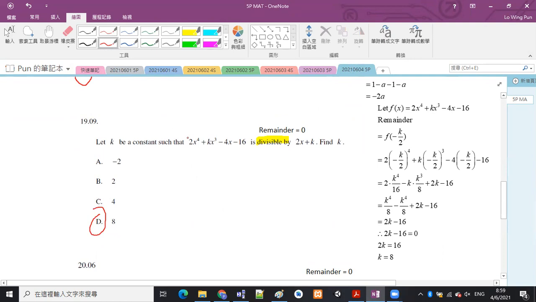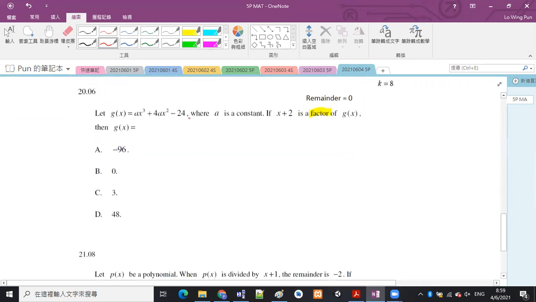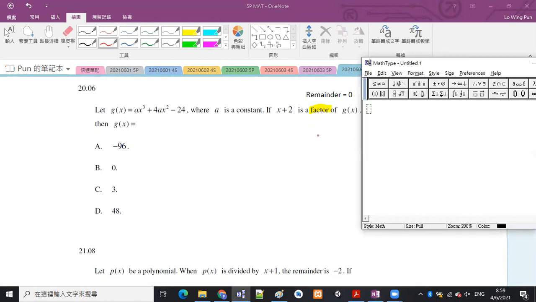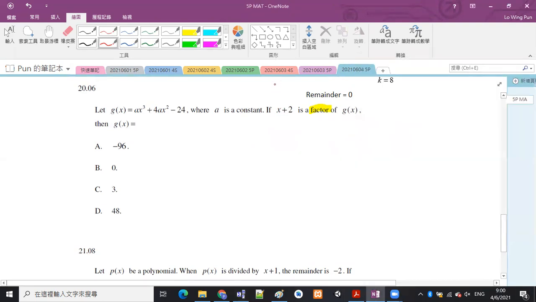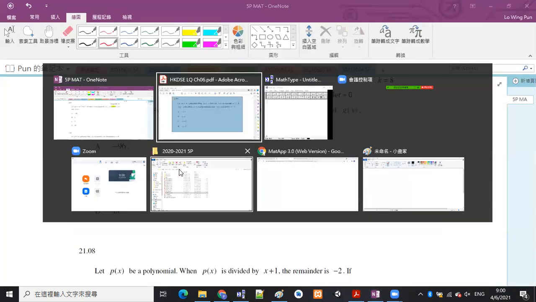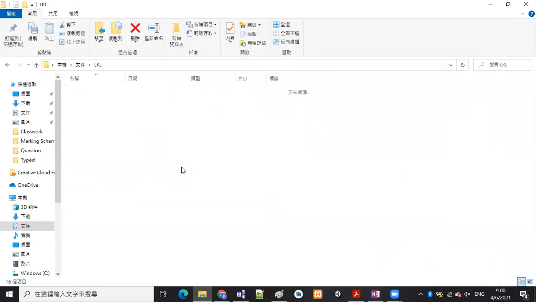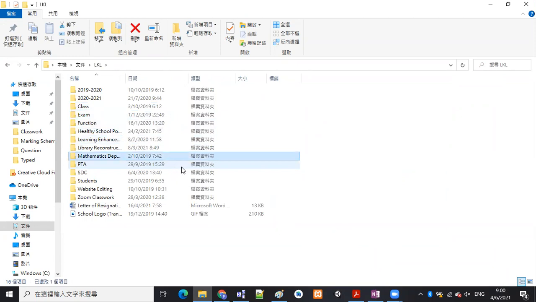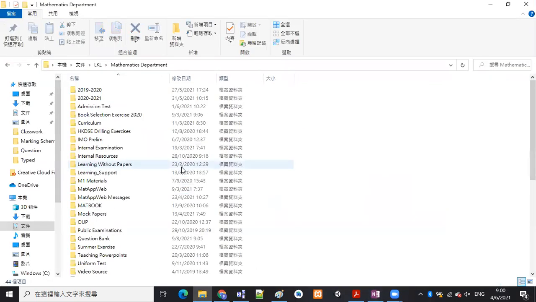Get this? Okay, 20.06. Gx is this, and then a is a constant. X plus 2 is a factor of gx. I just told you that remainder is equal to 0 for this keyword, right? Wait. So I think I have some typing mistake here. Wait. Sorry. The question should not ask you to find gx. Should be, let me see.